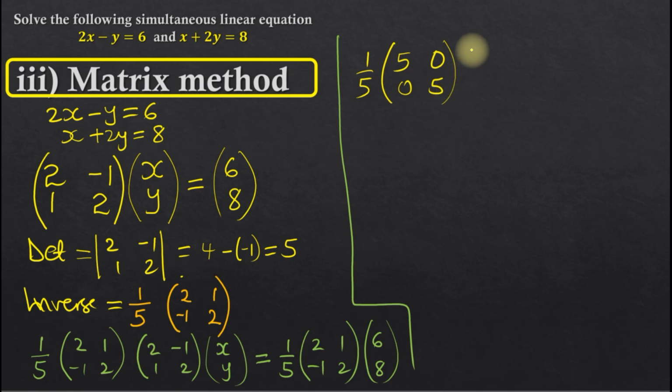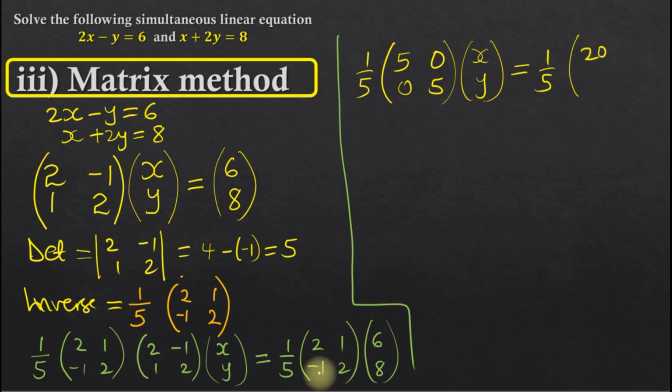Then times x, y will be equal to, the other one is 1 over 5. Again we do the same, first row times this column matrix, so 2 times 6, that is 12, plus 1 times 8, that will be 20.